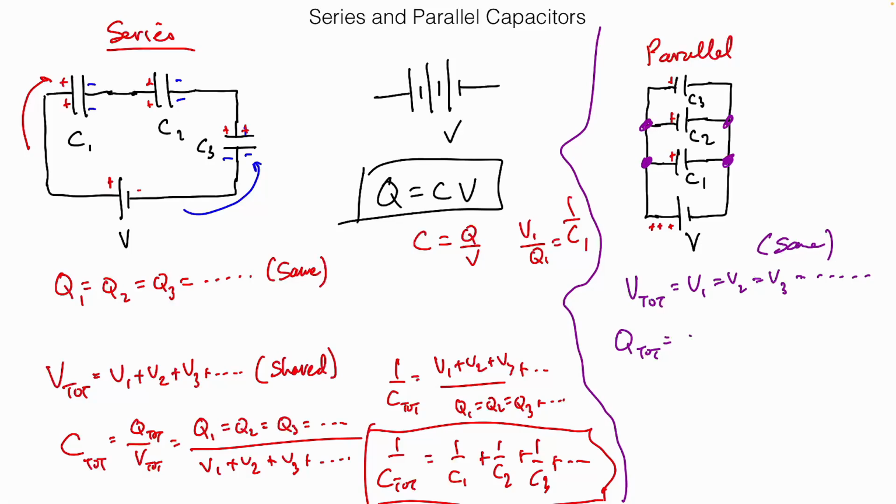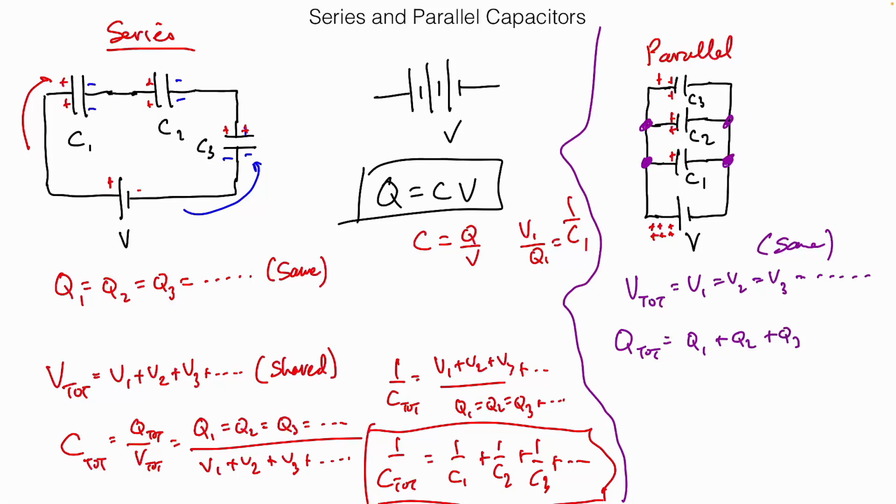But the charges are all shared. Okay? In other words, if one of these has a bigger capacitance, let's say it can store 3 charges, and another can store 2 and the last can store 1, then the battery puts out 6.